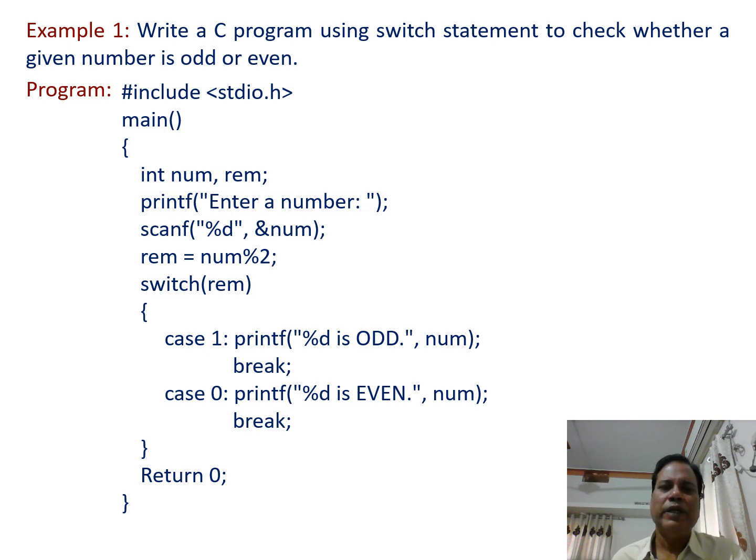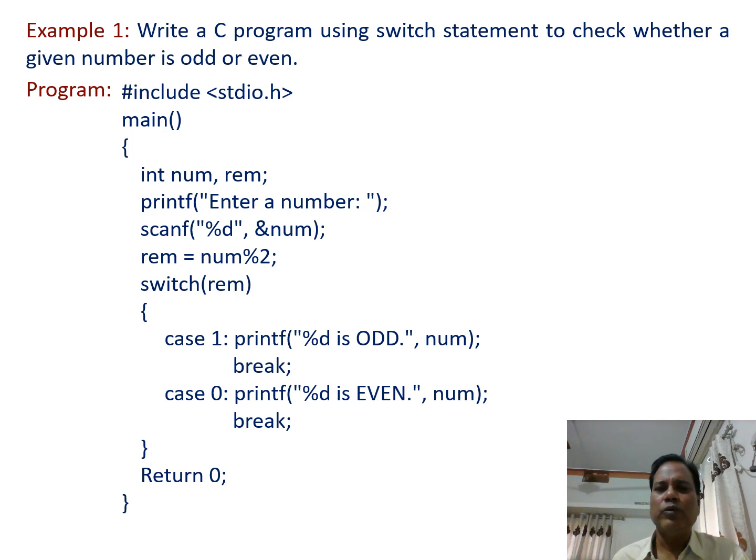Within the open and close braces of the main function, we write our code. In this code, the first statement is int num, rem; we declare two variables num and rem.